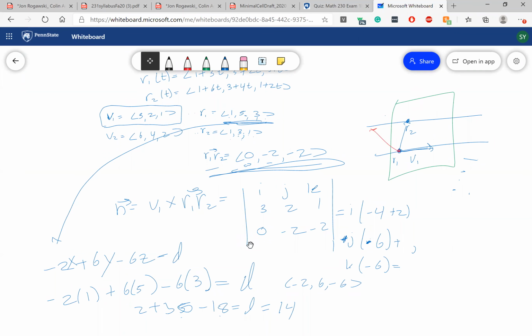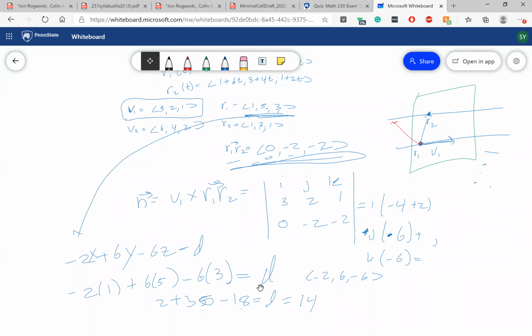Is your D 14? Wait, my D on this one? Yeah. This 14. Yeah, I got that. I didn't necessarily think too much about it. But oh, this is negative, so it will not be 14. But whatever that is. Yeah. Okay. Any other questions?